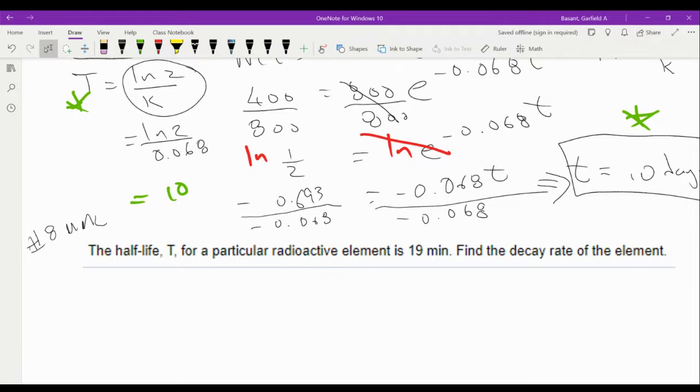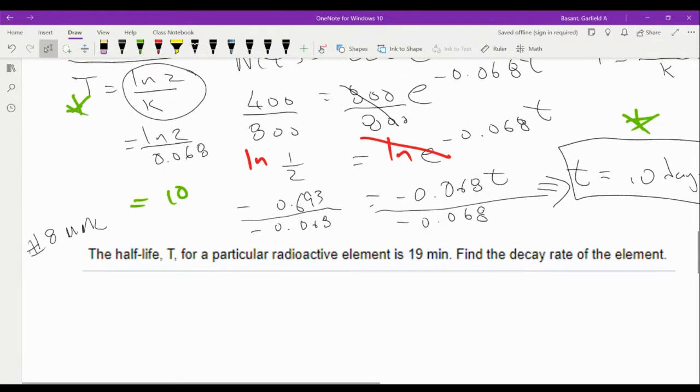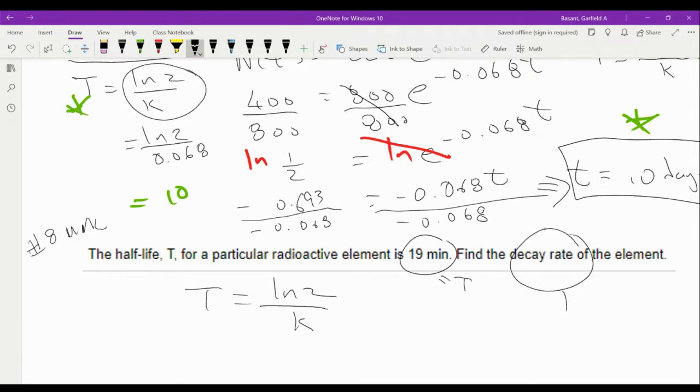Double time or half-life formula, right? It's the same formula. So t is equal to ln of 2 over k. They gave us the time, this is equal to t, and we're trying to find a decay rate, which is k.